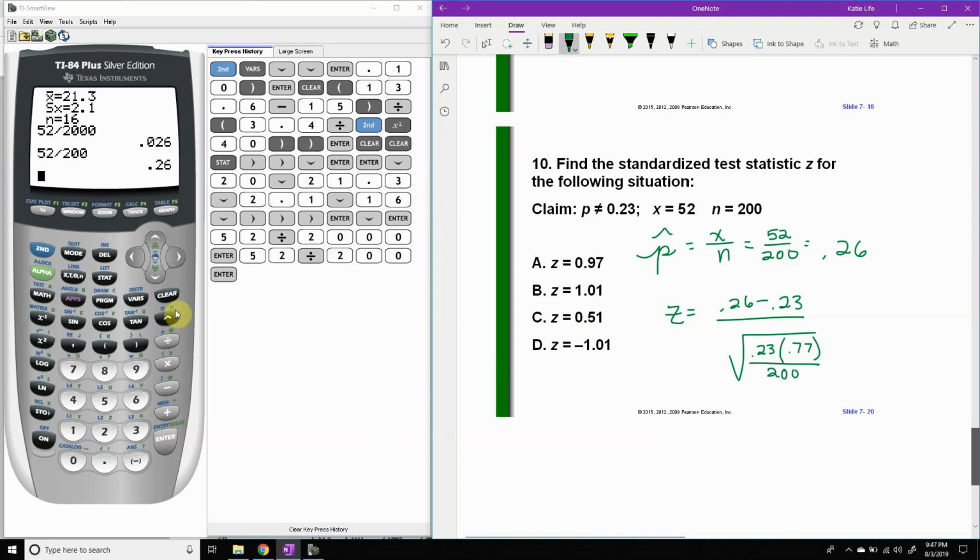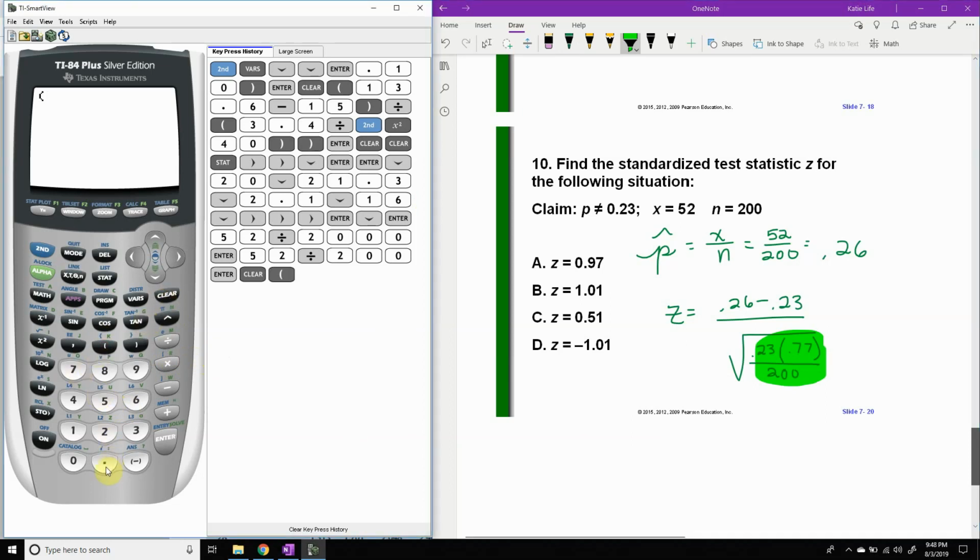Okay. Now, a little bit trickier with the parentheses here. I've got to make sure that the operations in the numerator stay in the numerator and that we keep that entire ratio in the denominator inside the square root symbol. I want all of this to stay under the radical. So I'm going to open a set of parentheses and do 0.26 minus 0.23.